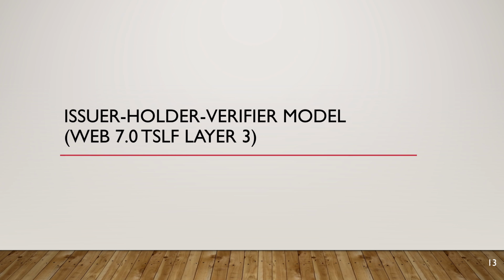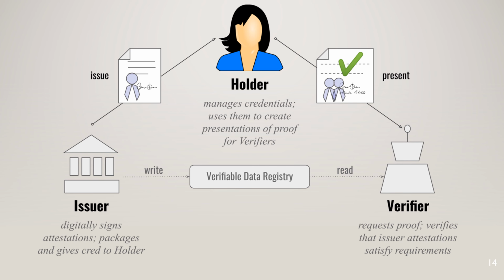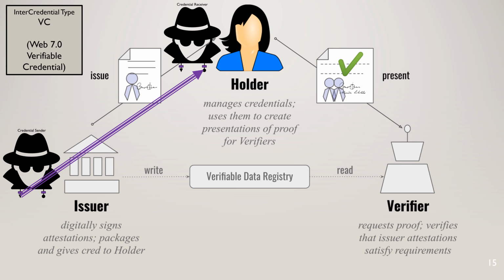Let's look at one more model, the issuer holder verifier model. People are familiar with this. So here's the issuer holder verifier model from the Wikipedia article by the same name. And let's see how the verifiable credential sender receiver model applies. On the left-hand side, an issuer is just a special instance, a derivation if you will, of a credential sender.